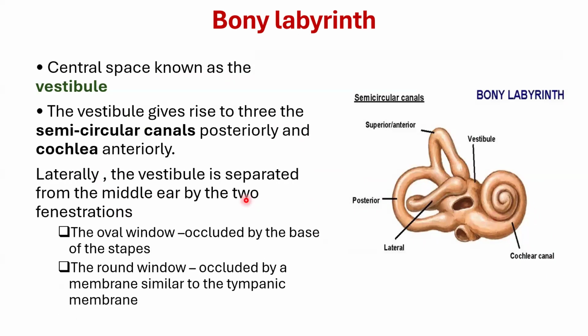Laterally, the vestibule is separated from the middle ear by two fenestrations, the oval window and the round window, as you can see there. The oval window is occluded by the base of the stapes, which is one of the ossicles, and the round window is occluded by a membrane similar to the tympanic membrane present between the external ear and the middle ear.